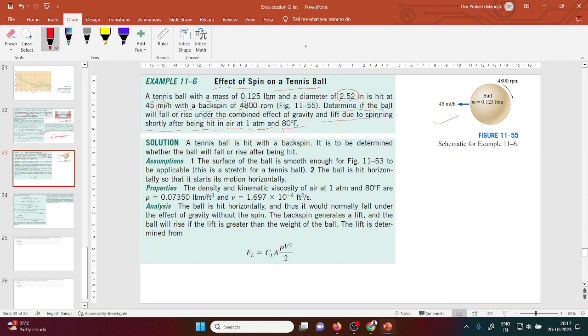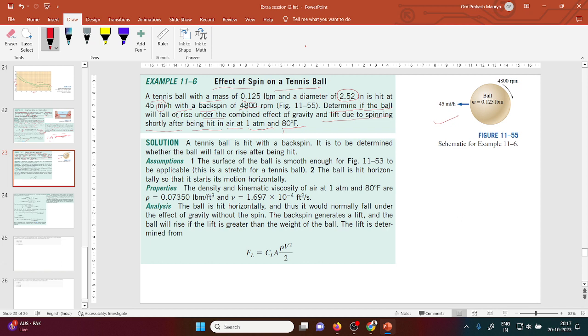So what is the question telling? A tennis ball is given of some mass and the diameter of the tennis ball is given, and it is hit with a velocity with a back spin, so the ball is rotating also.